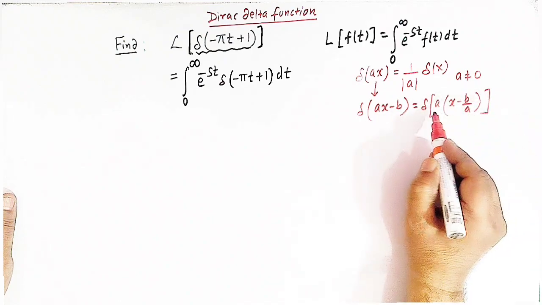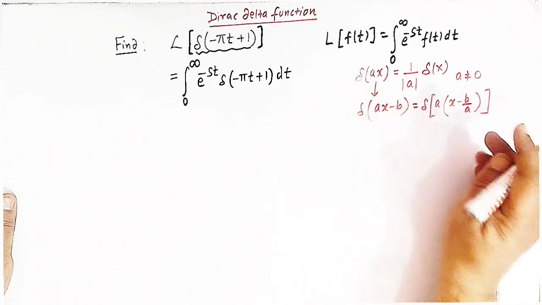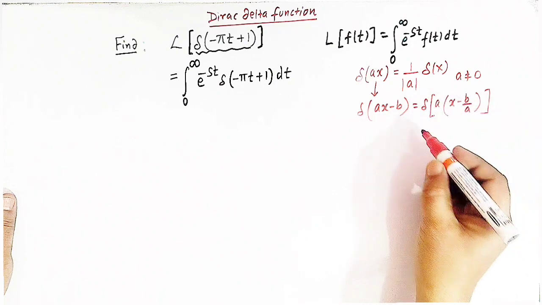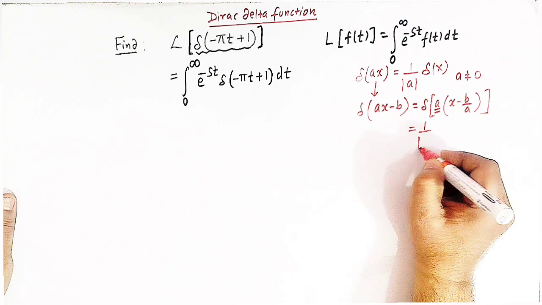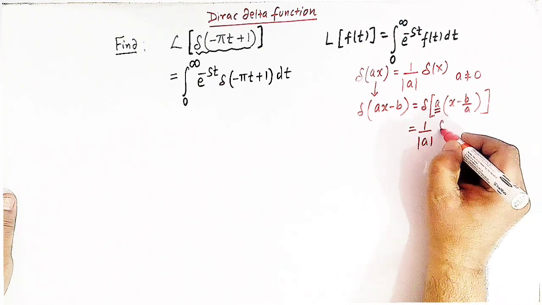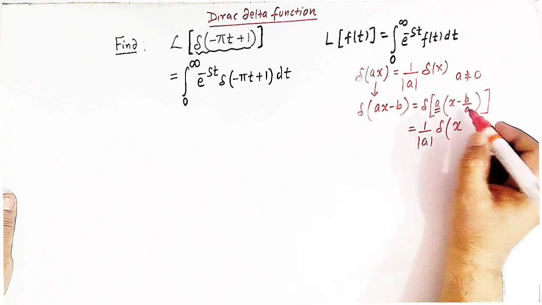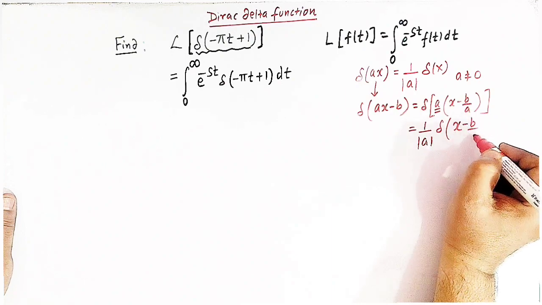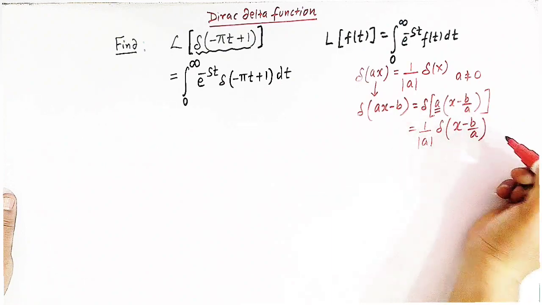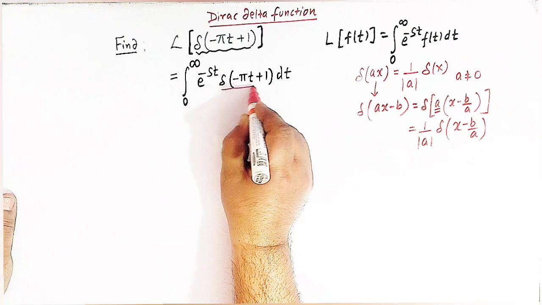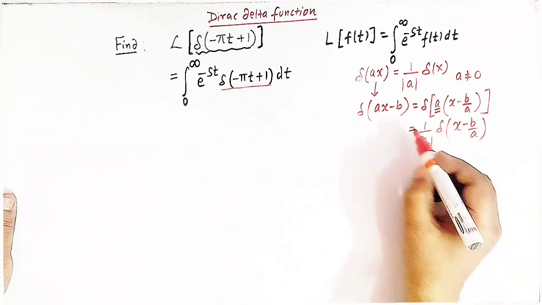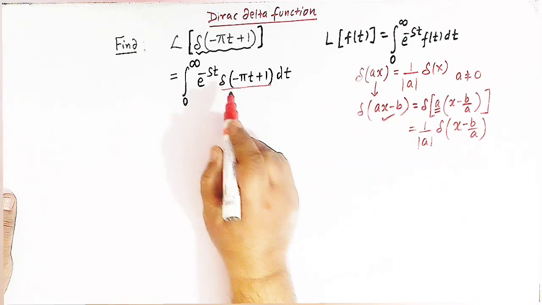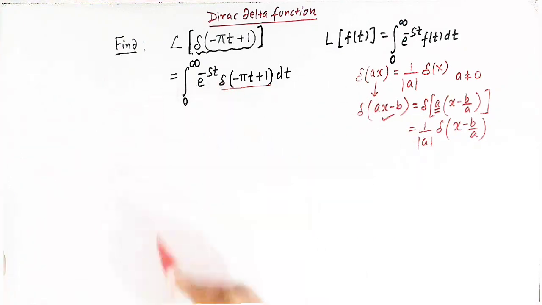Now we can apply this property to this expression. We can write 1 over absolute value of a and delta of x minus b over a. Here we have delta of minus pi t plus 1, and we will apply this property to this delta function.